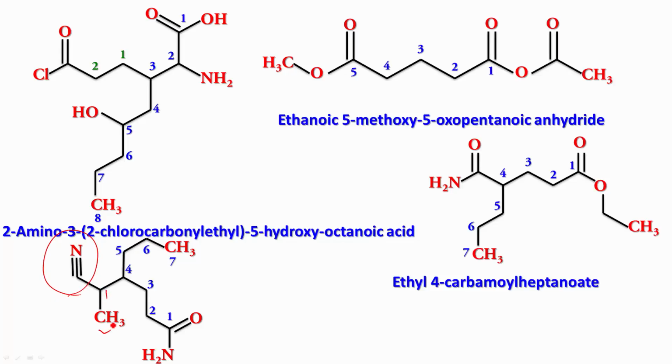So this is 1, 2. This is the numbering of the side chain. 1, 2. So this is going to be alkanamide. So alkan is heptanamide. And the prefix is 4-(1-cyanoethyl) heptanamide. 4-(1-cyanoethyl) heptanamide.